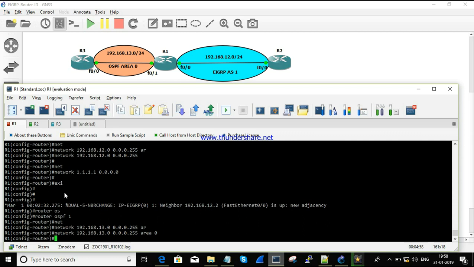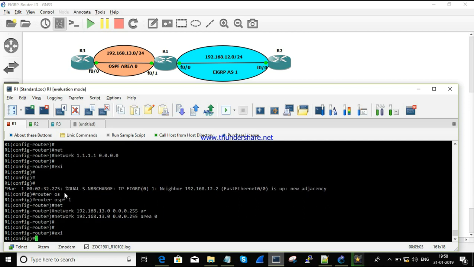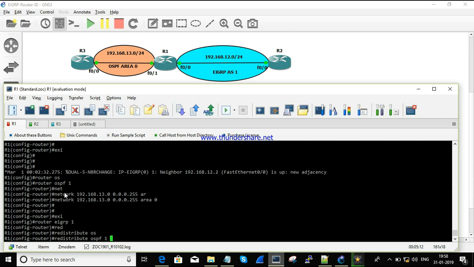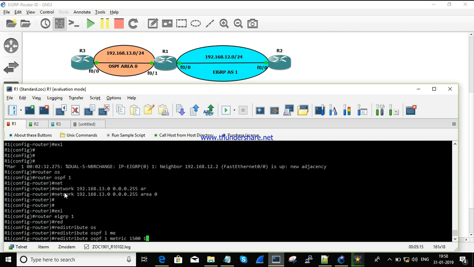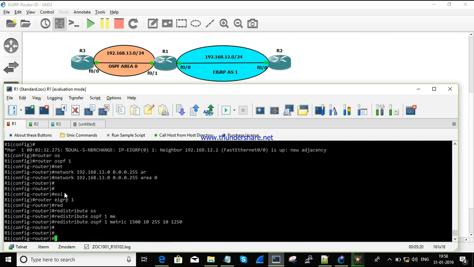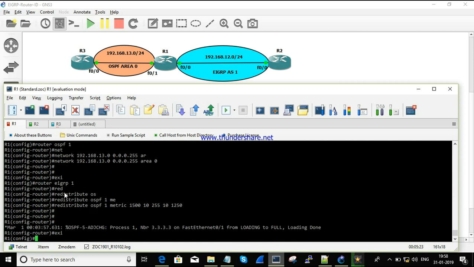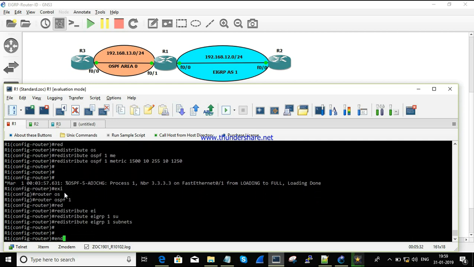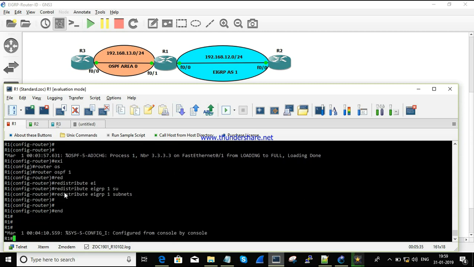I'm going to redistribute OSPF into EIGRP and back again from EIGRP to OSPF on the R1 router. First we move to the EIGRP configuration. Redistribute OSPF 1 with a metric of 1500. Now the redistribution from OSPF to EIGRP is completed. Now the same in OSPF 1: redistribute EIGRP 1 with subnets. Now the redistribution process has been completed.